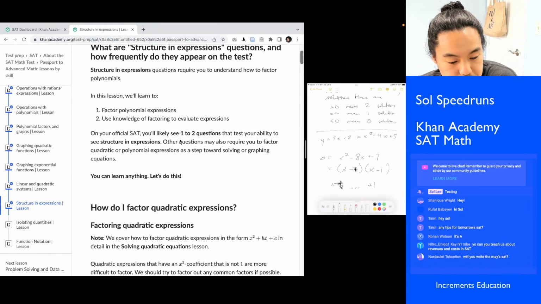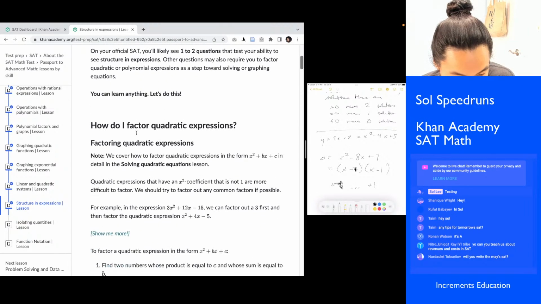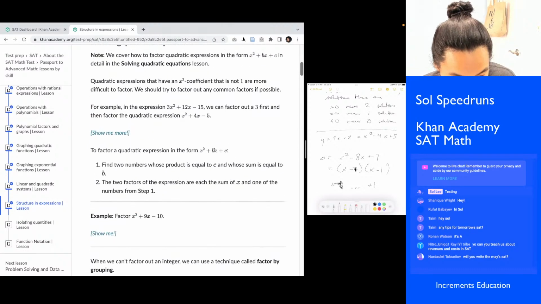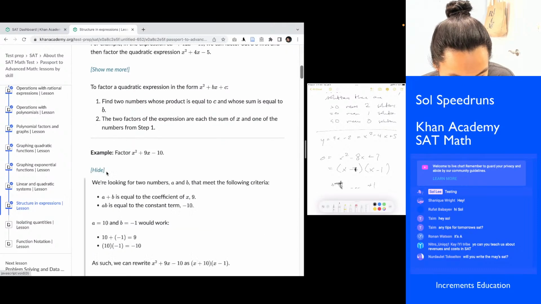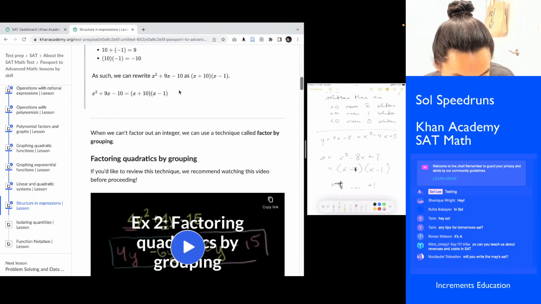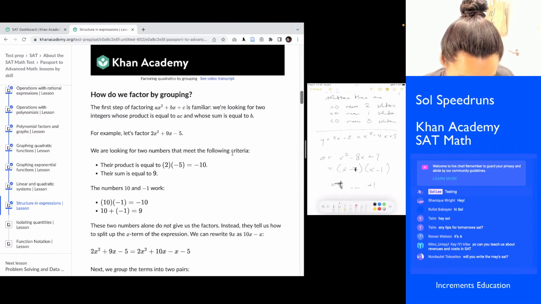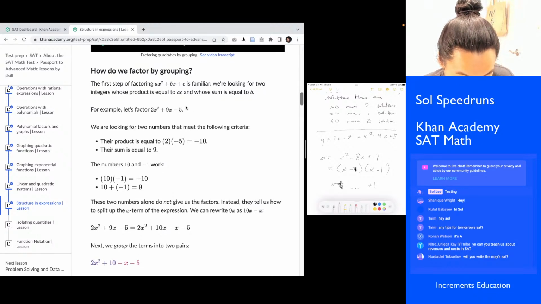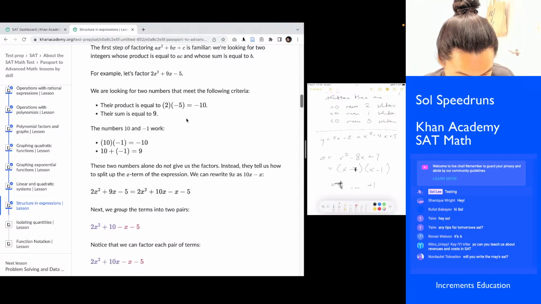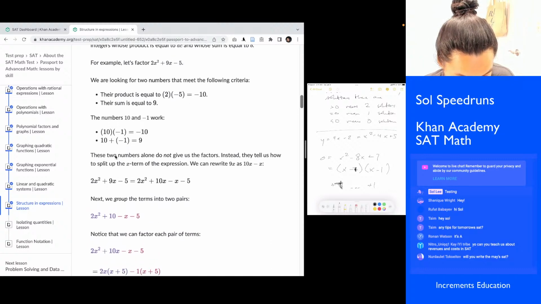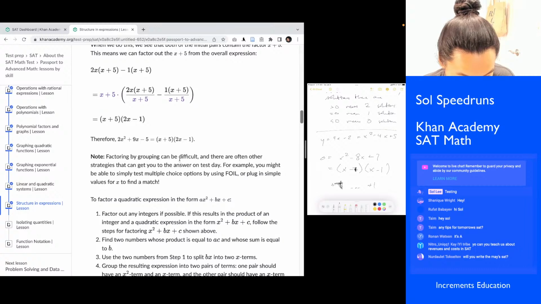All right. Structures. What are structures? Find two numbers whose product equals C and whose sum equals B, then factor. Okay, I know how to factor. That's pretty easy. Factor by grouping. What is factor by grouping? What the hell is this?